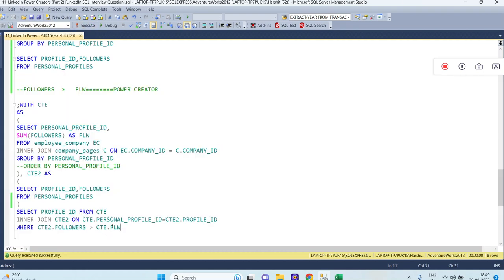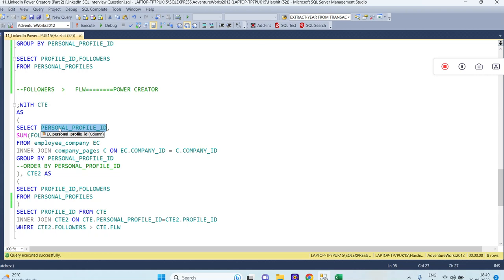So we are joining over here. This is the first CTE, and this will become our second CTE. Now we need to join both of these CTEs based upon some joining condition, right? So what will be the joining condition?